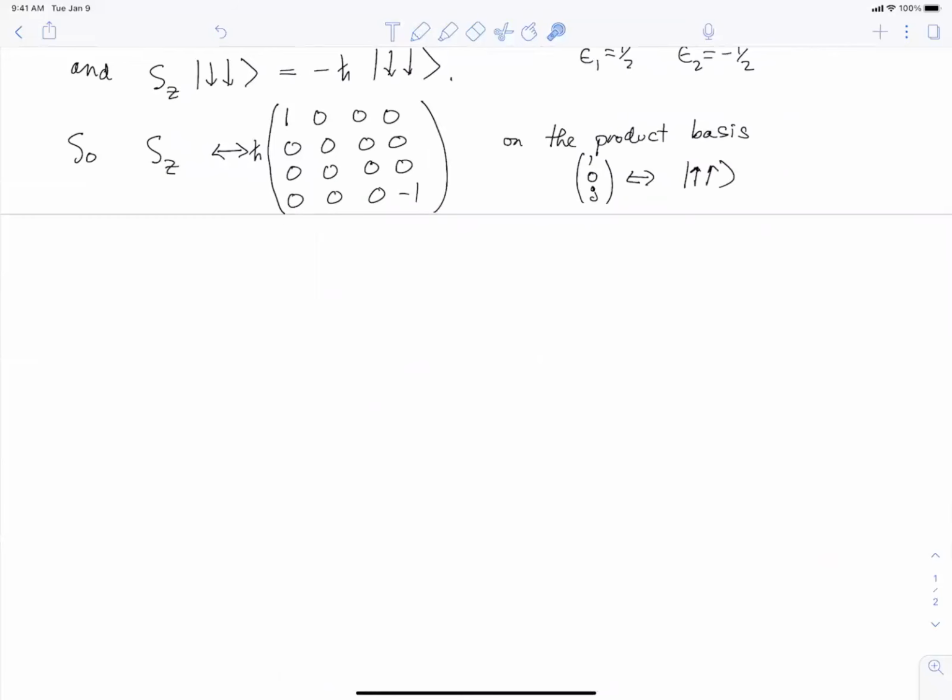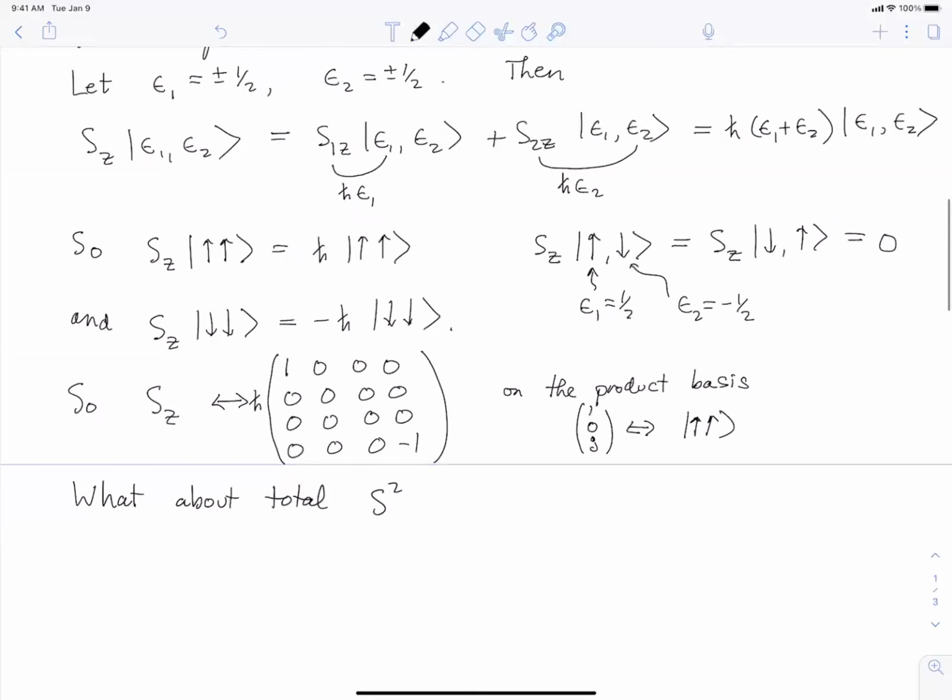All right, good. So we have S sub z, and now we can ask about S squared. So professor, that up arrow, down arrow wouldn't be 1, 0, 0, 1 vector?